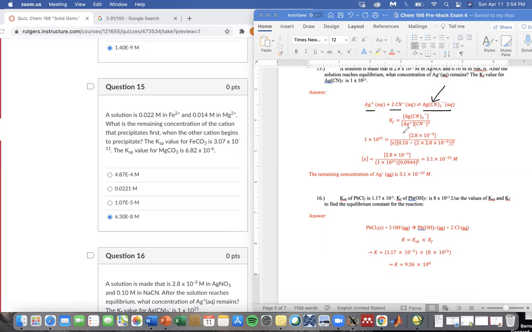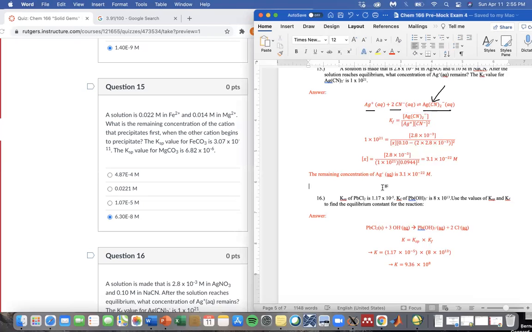You're given your KF value and your concentration of AgNO3, which gives you your Ag plus concentration, but you have to figure out your concentration of Ag plus remaining. If you were to look at an ice table, I didn't make an ice table in the answer key, but we can make one.